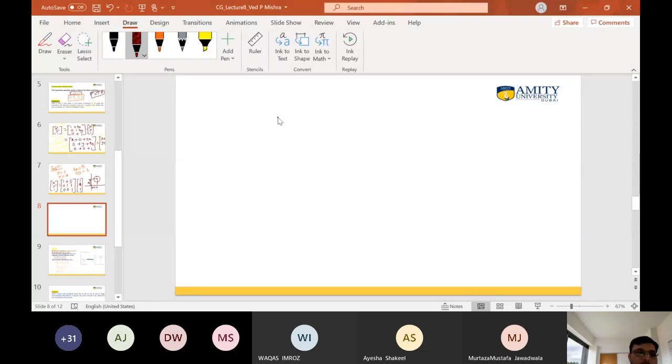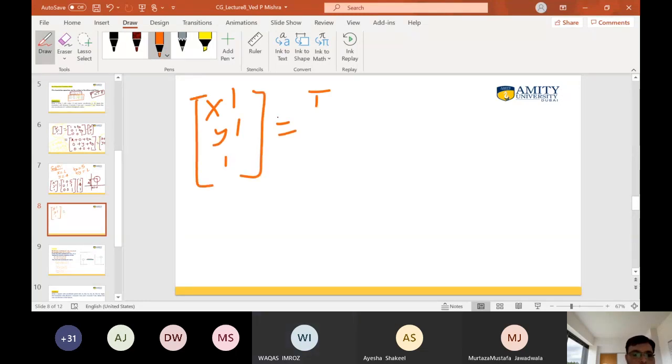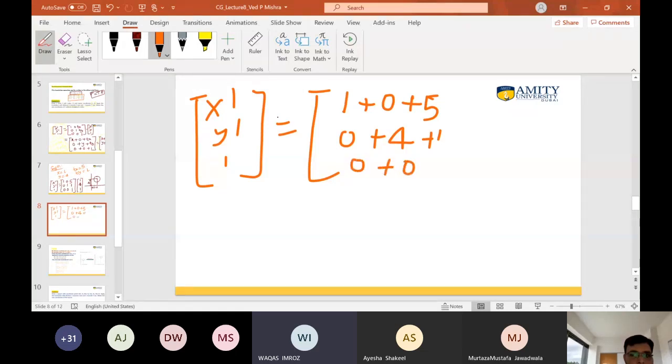So what will be the answer here? x dash y dash 1 equal to: you multiply this, 1 plus 0 plus 5; second one 0 plus 4 plus 1; third one 0 plus 0 plus 1.